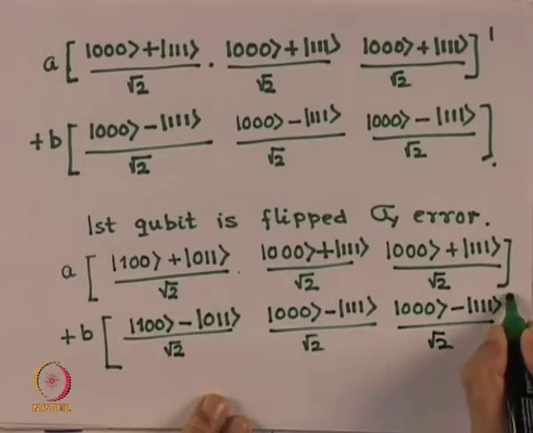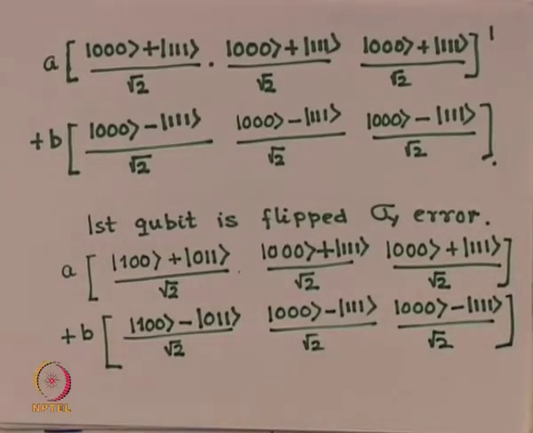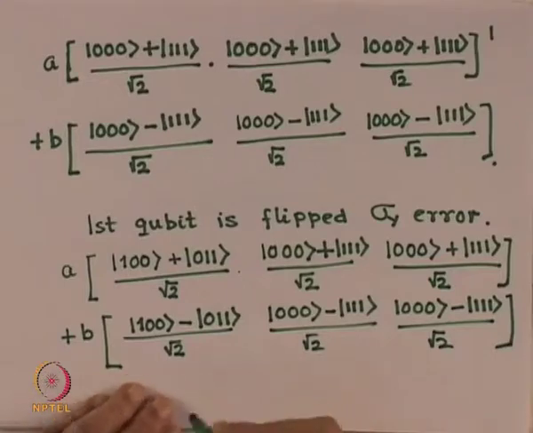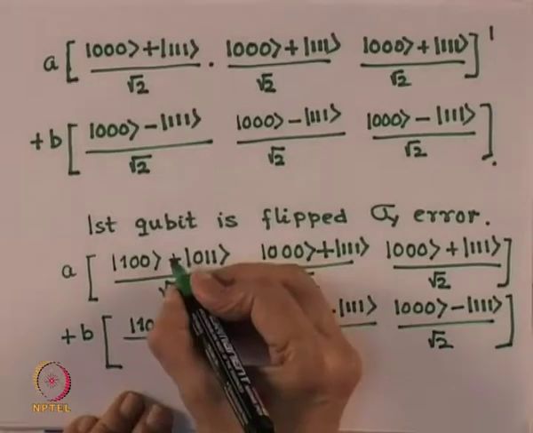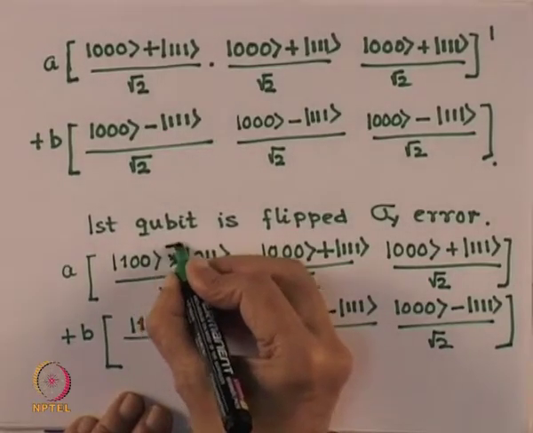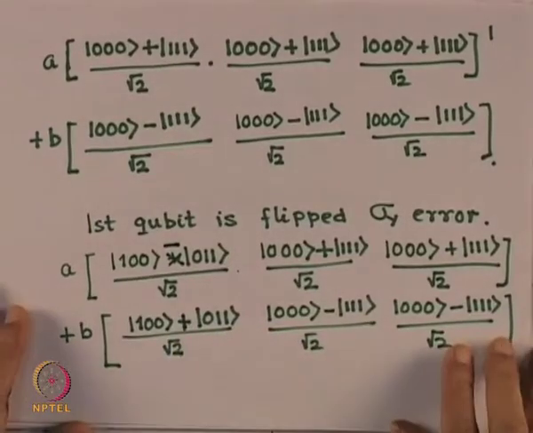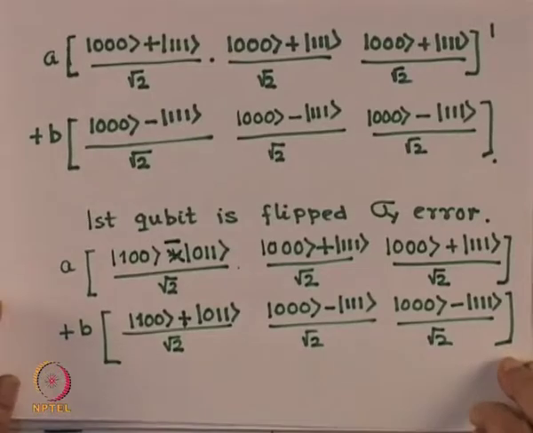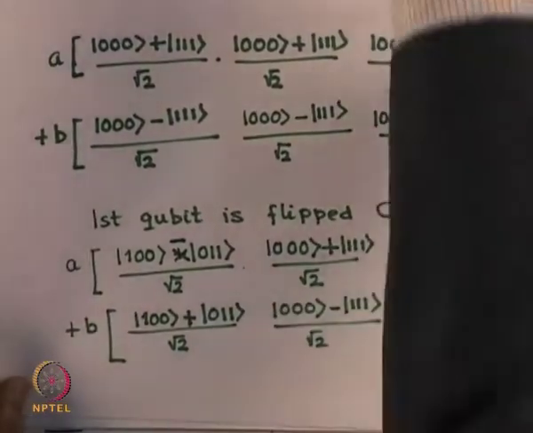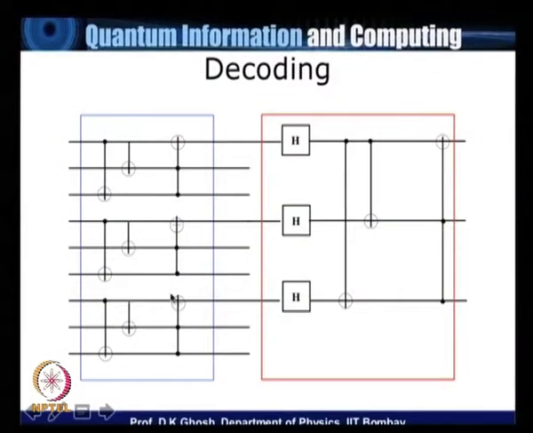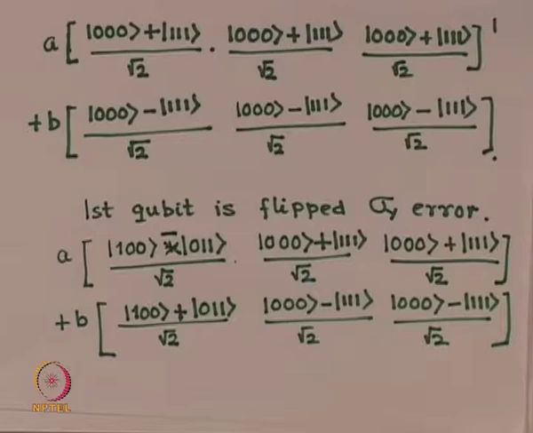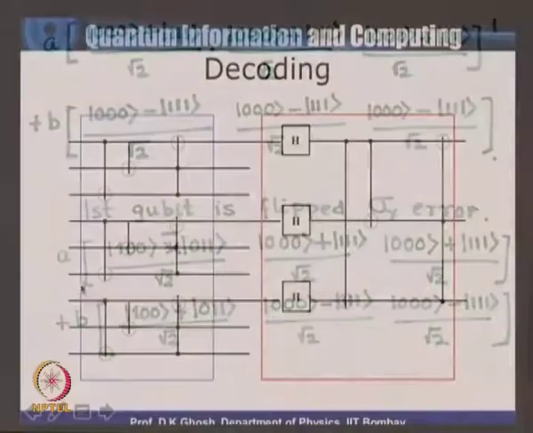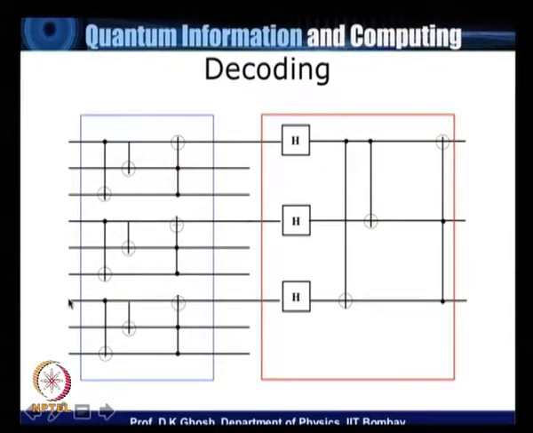Now this is what would happen if I had just a sigma x error, but as I have said that I also have a sigma y error, so that would make this plus a minus and this minus a plus. This is the complete decoding circuit. So let me go on gradually analyzing this decoding circuit. So this is what we have received. This is what I wrote down. Because of the noisy channel, this is what I showed there, that is what is received.